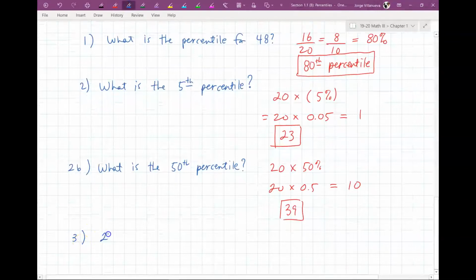It says, what's the second quartile? What's another name for the second quartile? Someone said it, I think. The middle, yeah, I was hearing people say the median, right? Median. So all I have to do is find the number in the middle.